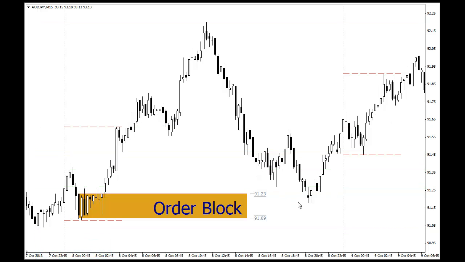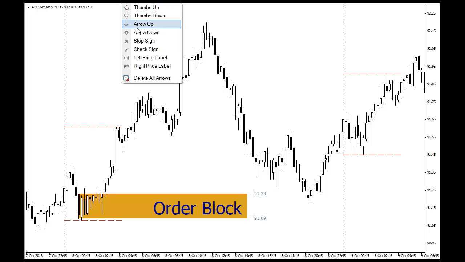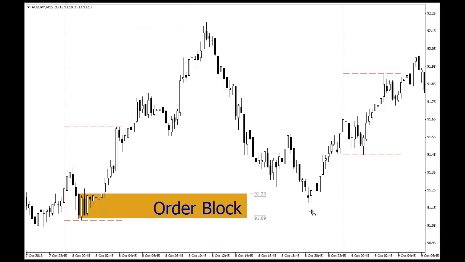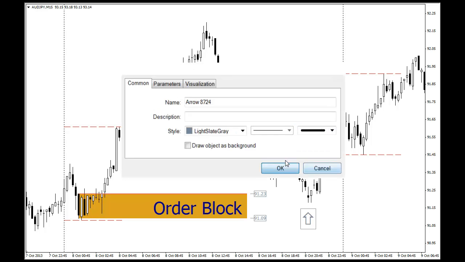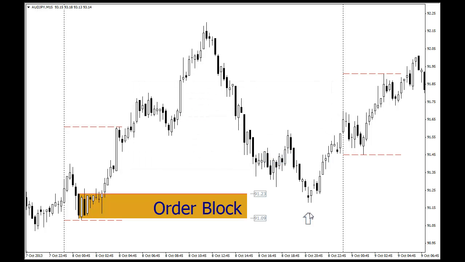Just keep a reference point of this point right there, and probably make it bigger. So this is our reference point for the entry on a longer term price swing.